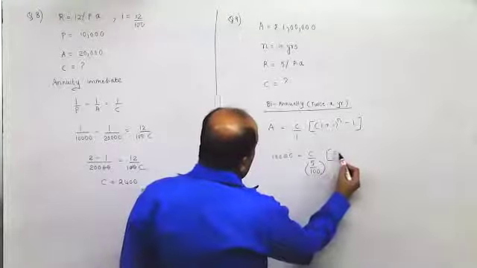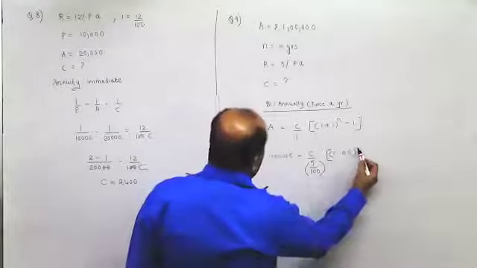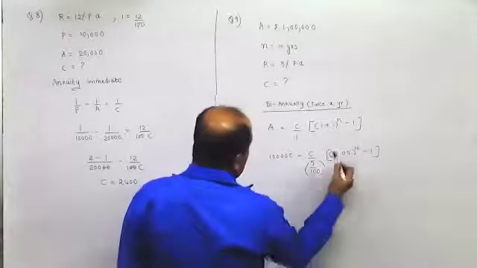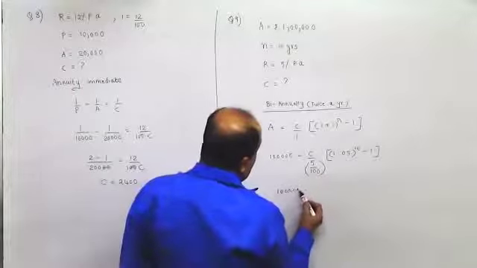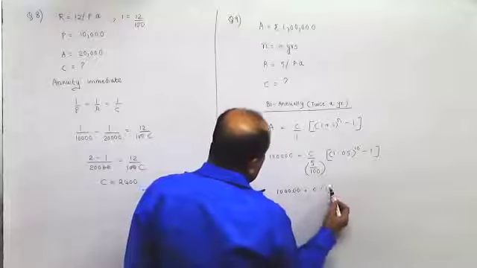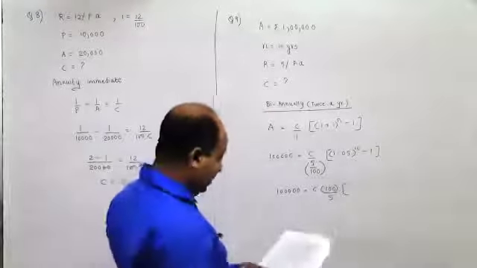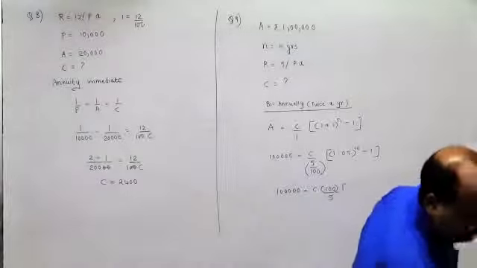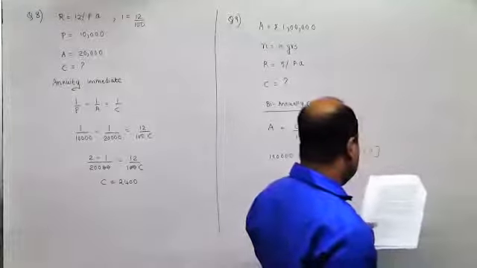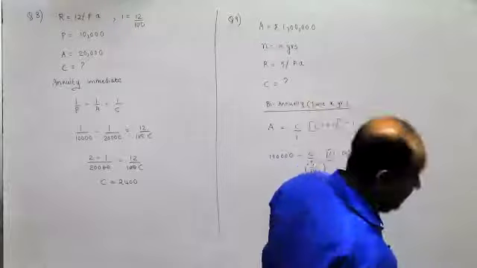This is 1.05 raised to N, N is 10, minus 1. So 5 upon 100 goes up here, 1 lakh is equal to C into 100 upon 5, 1.05 raised to 10. Again on the calculator. So it is given there. Where is it given? 1.025. Oh my God, I made a mistake.